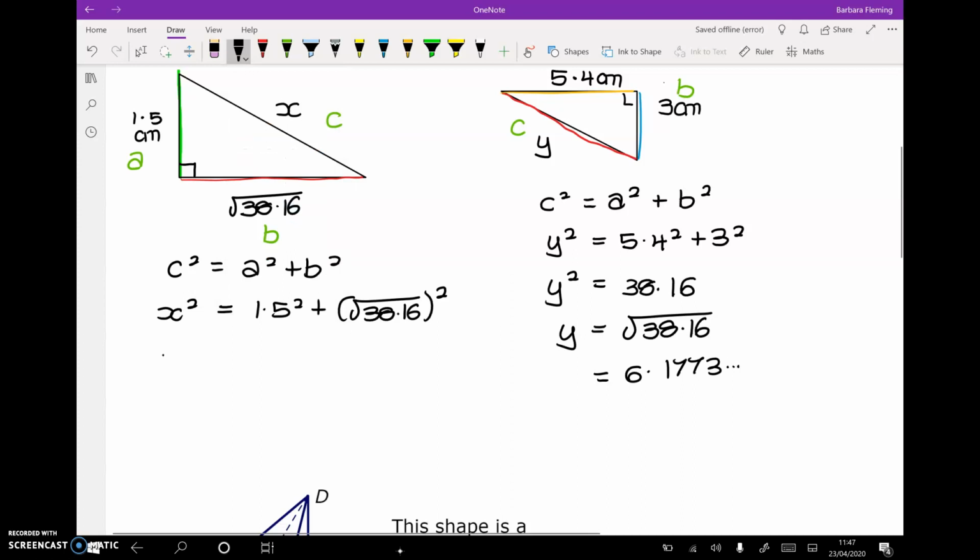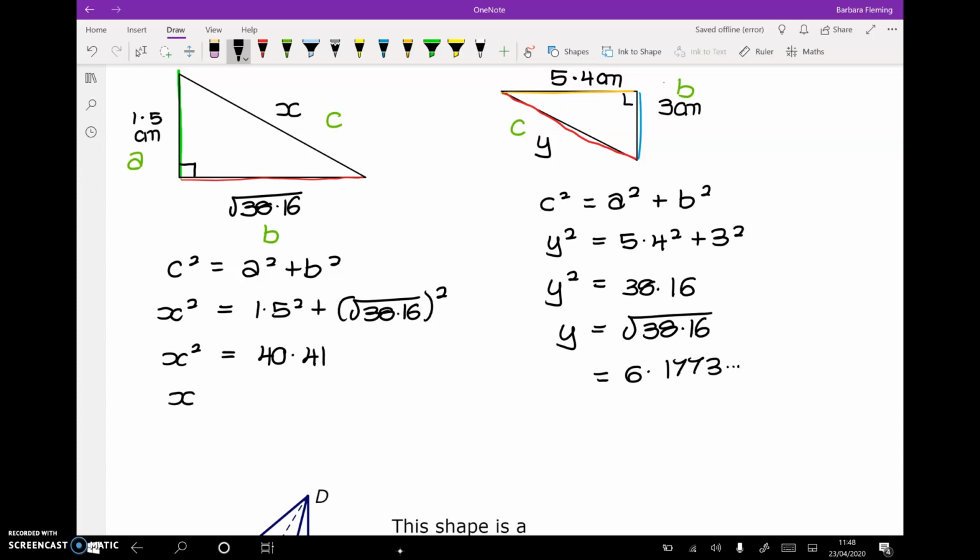So x squared equals, and then go to my calculator, let's type it in, 1.5 squared plus, open your bracket, square root 38.16, use your arrow to go across, close your bracket, squared equals, and you're going to get 40.41.